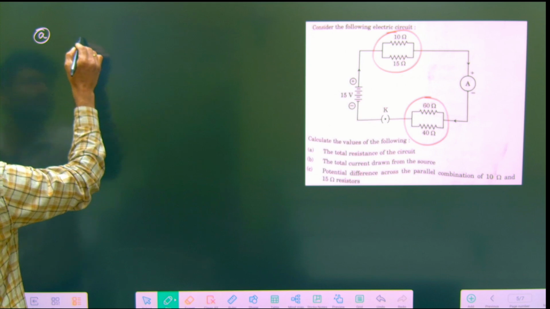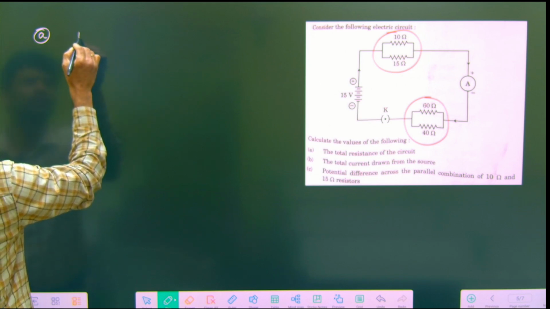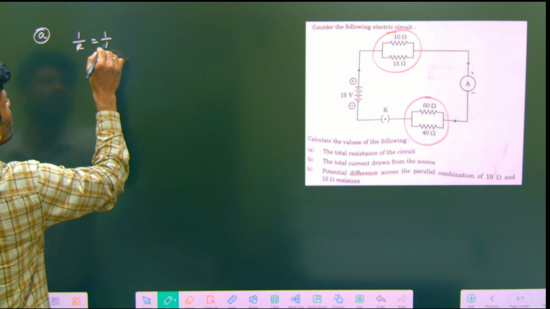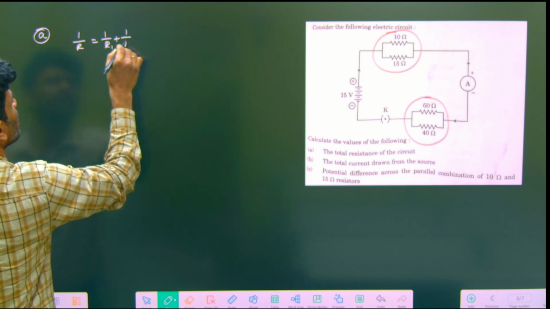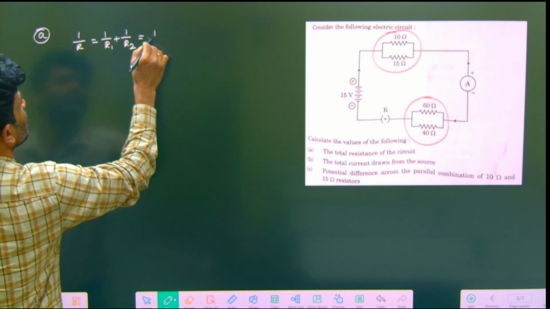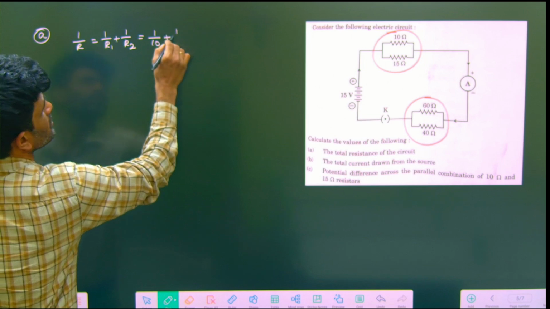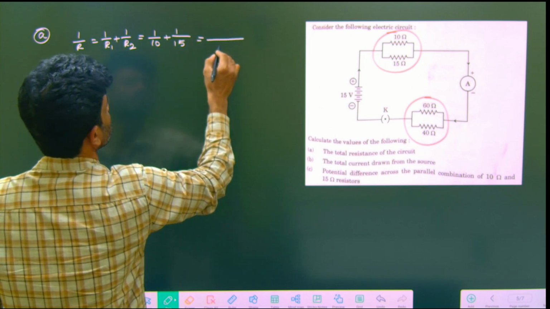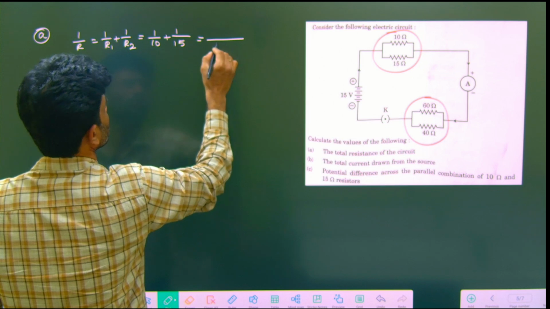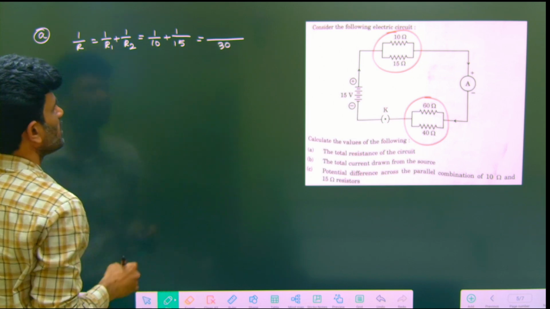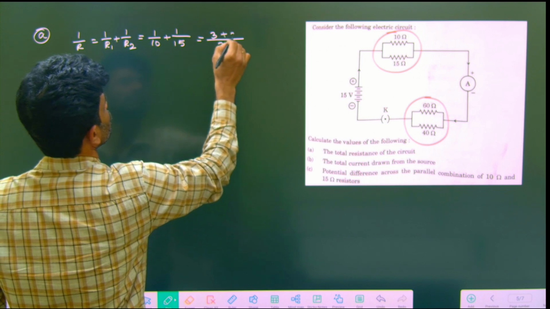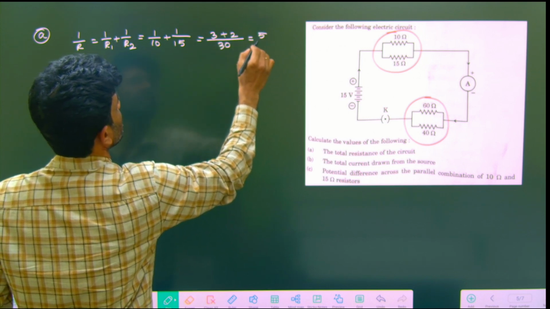So let us find out in the first case. The formula is 1 by R is equal to 1 by R1 plus 1 by R2. That is 1 by 10 plus 1 by 15. If we take LCM, it is 30. So it will be 3 plus 2, 5 by 30.